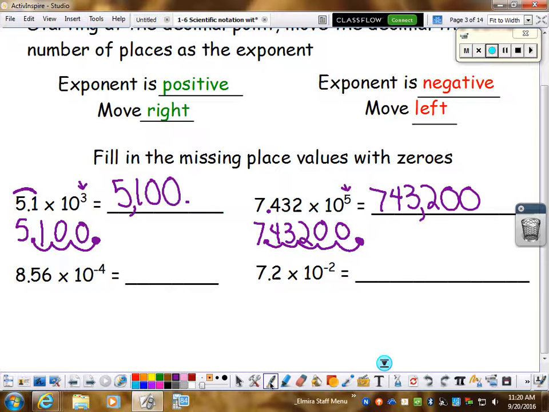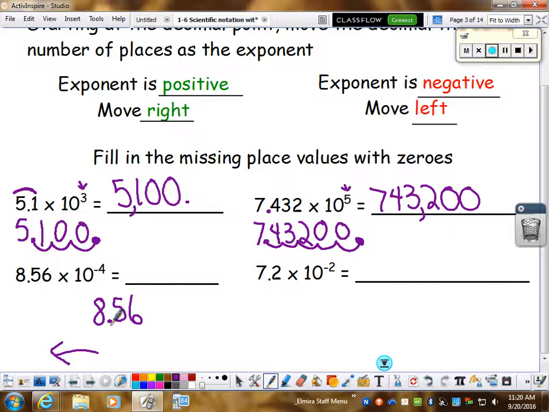Here again, I want you to write, oh, you know what though? This is my strategy. If I know that I'm going to be moving the decimal to the left, I give myself some room. So I might start my 8.56 over here to give myself room to move that decimal this way.